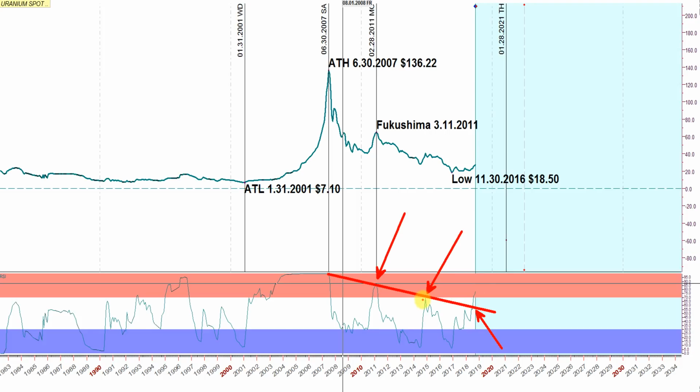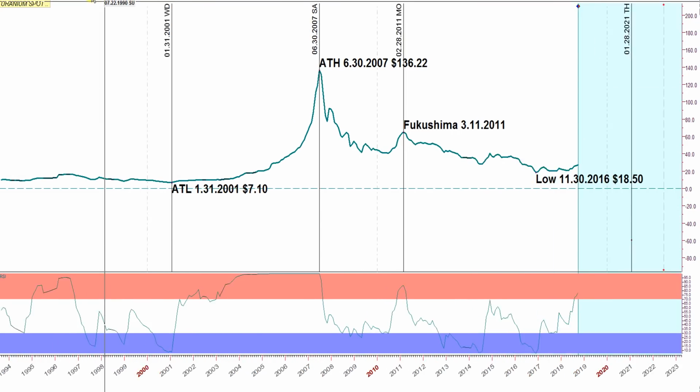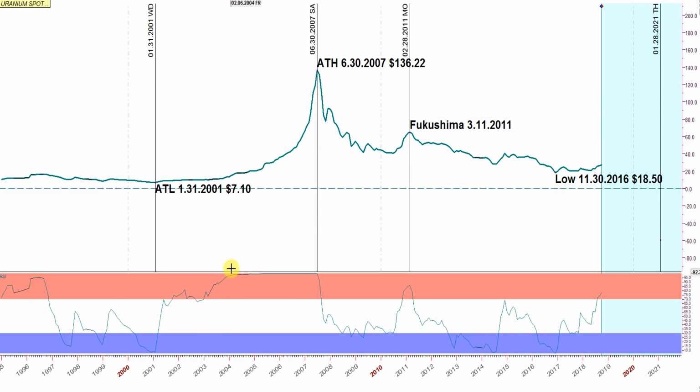So we took out this swing pivot high. This is going to be our next target right here, and you can see when it started getting bullish, it was just on overdrive right here. Look at that, overdrive, and then 2007 came and it tanked. Fukushima came and it tanked, and it just kept pushing lower and lower.